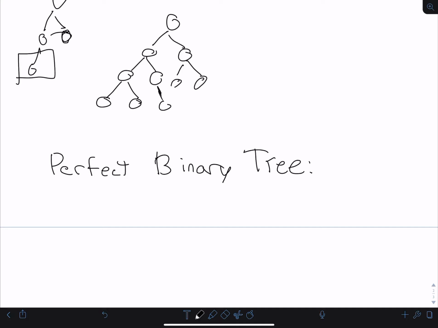So what is the perfect binary tree? A binary tree is considered to be perfect in the case where all internal nodes have two children and all leaves are at the same level. So here, I'll write that.